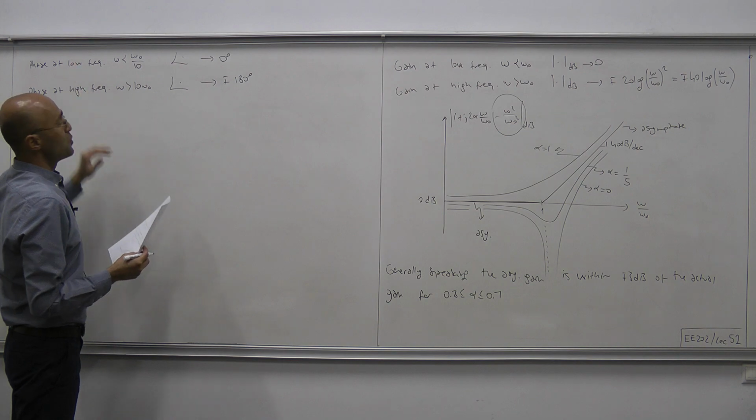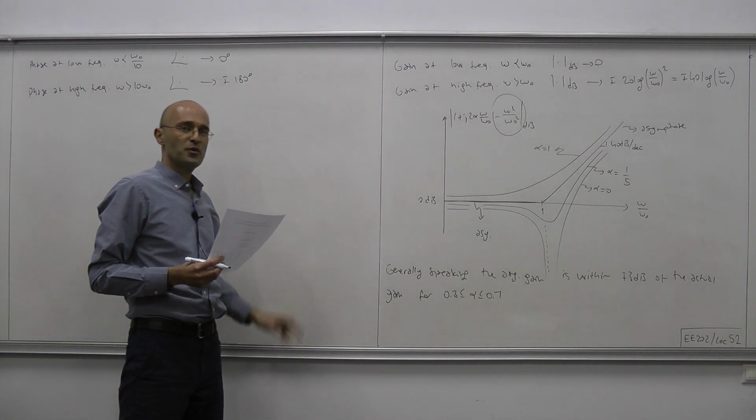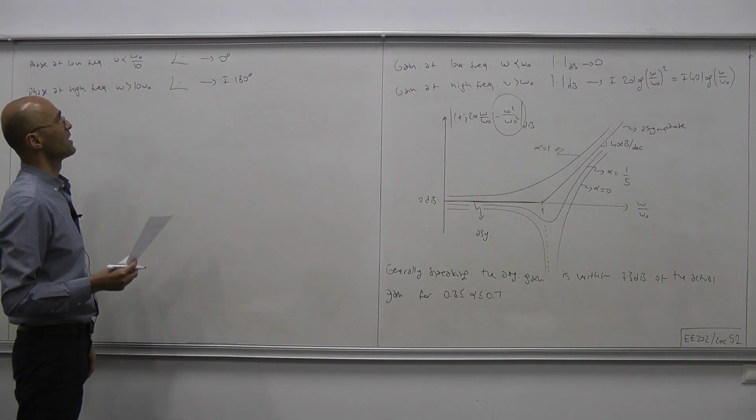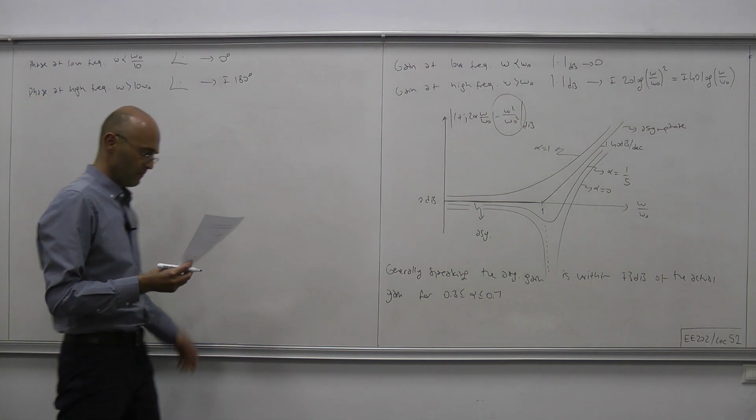And then in between, as before with the first order terms, the approximation is such that we connect those two constant lines with a straight line, and the slope will be 90 degrees per decade.